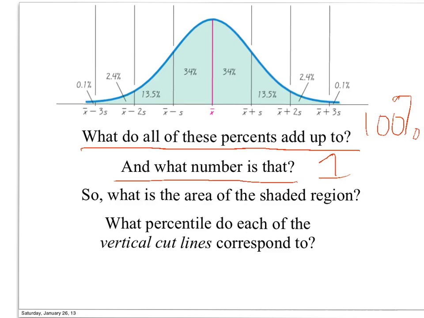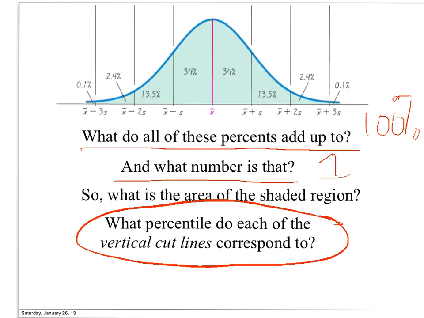And that goes hand in hand with our work, I believe it was in Chapter 2, where we related areas to probabilities. And so you can find out which percentile each of those vertical cut lines corresponds to. I'd like you to think about that question and see if you can figure out what percentile is represented by that position on the horizontal, and what percentile is represented by that one.